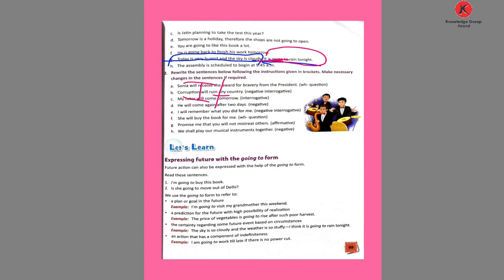Is going to, cancel it, and only write it, then will and rain. Then the word tonight. Okay. It will rain tonight. This is the sentence.